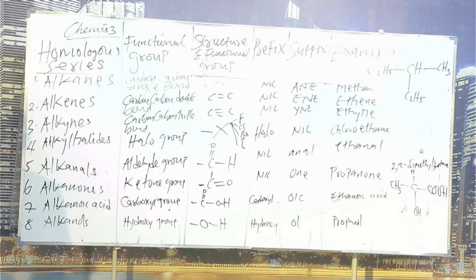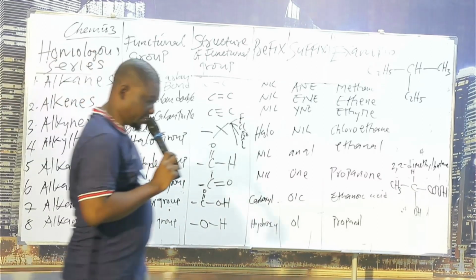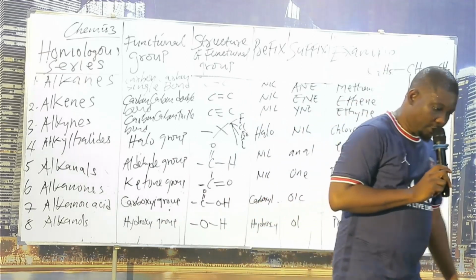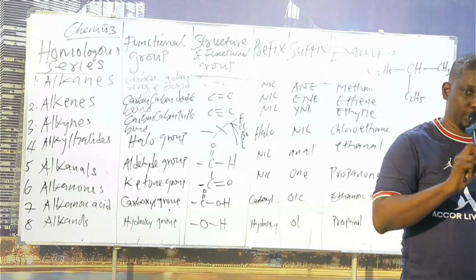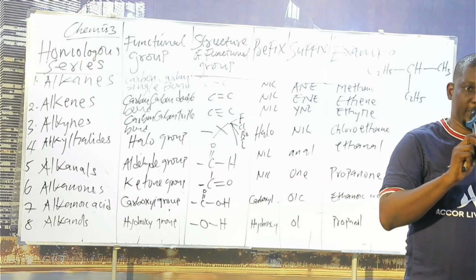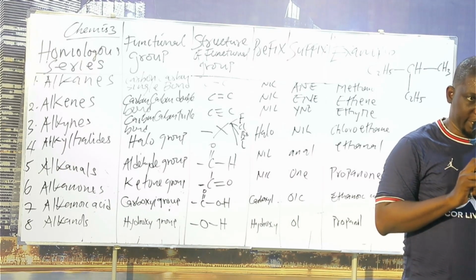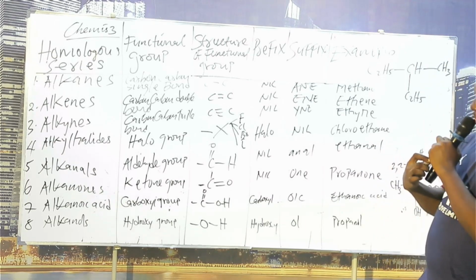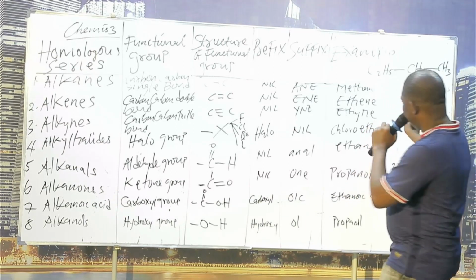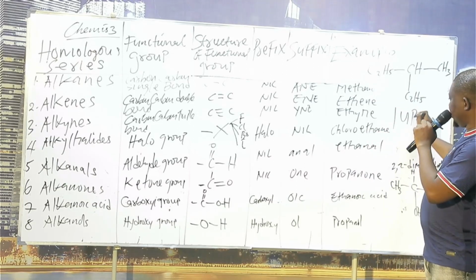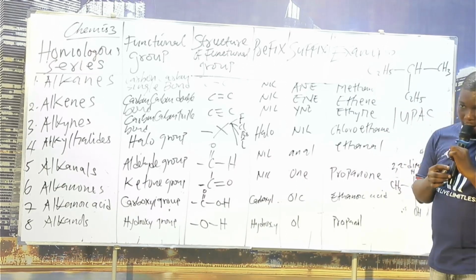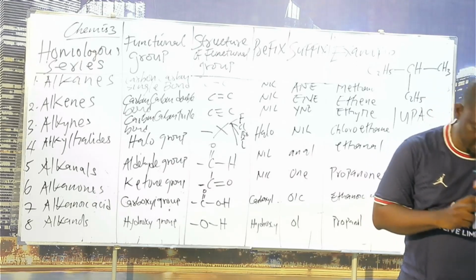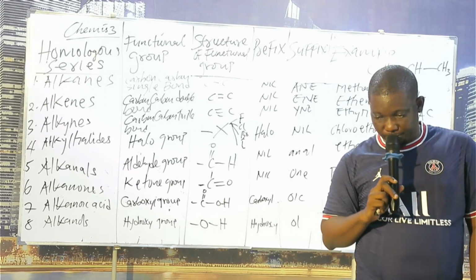Organic compounds are named. Please make sure you're writing. Organic compounds are named based on IUPAC. You know the meaning of IUPAC? Let's open bracket.